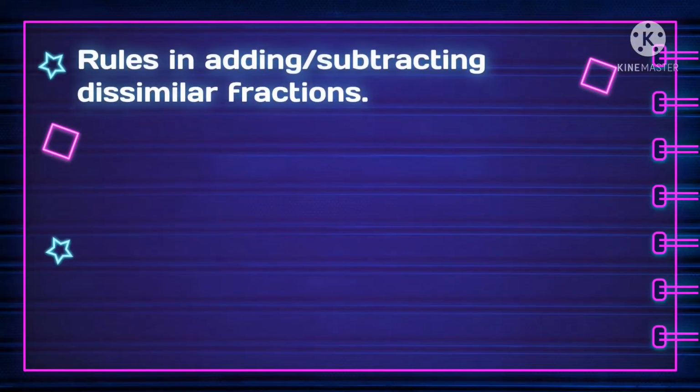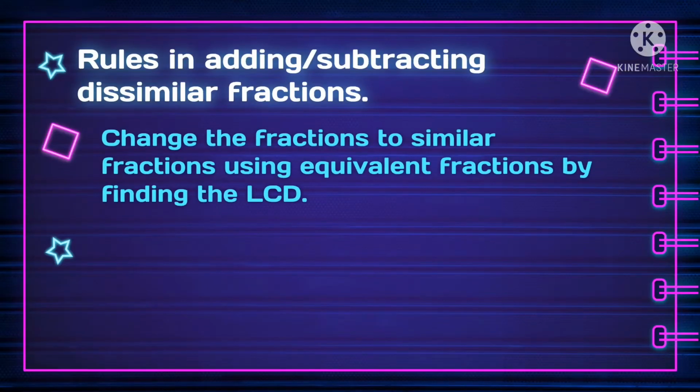Okay, so madali lang mag-add and subtract ng similar fractions. So ano naman yung rules natin when we add or subtract dissimilar fractions? So first, we have to change the fractions to similar fractions. Paano? Gagawin natin silang equivalent fractions by finding their LCD.